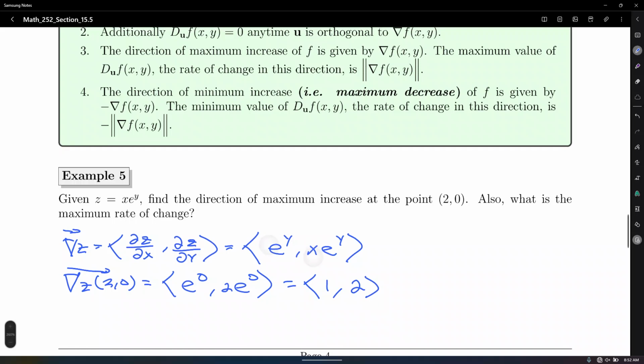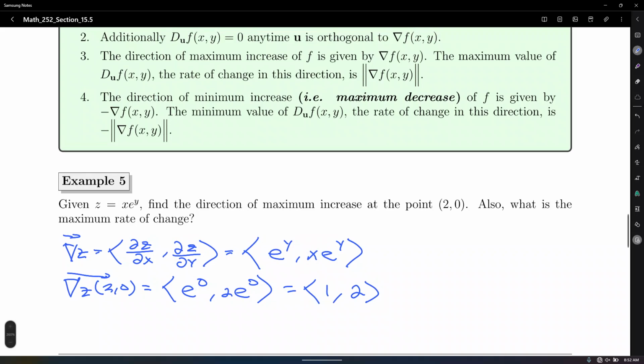If I'm hiking a hill modeled by this function, and I stand at the point (2, 0), then if I go in the direction (1, 2), that's the direction where it's the steepest, which is the direction we want to avoid. Remember how I was talking about that? Of course, in practice, we just use common sense. You don't go that way, otherwise you have to climb or you're going to slide, and goodbye.